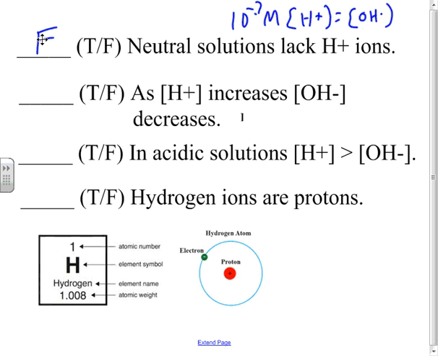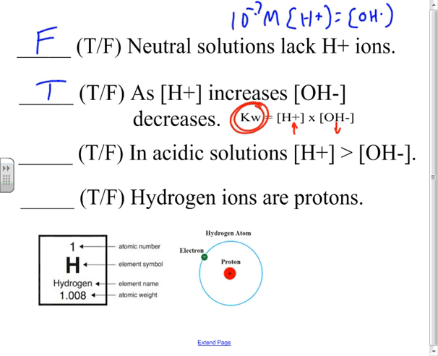Next one: as the hydrogen ion increases, the hydroxyl ion decreases. That is true. These two are dependent on each other. Remember, the ion product constant is Kw. This is a constant. And so if one of these increases, the other one must decrease, if when you multiply them, you always get the same number.